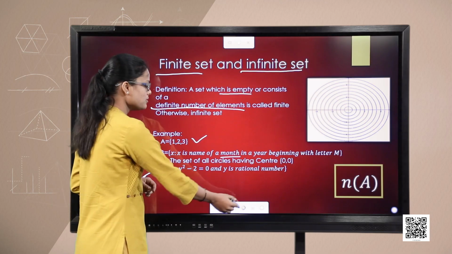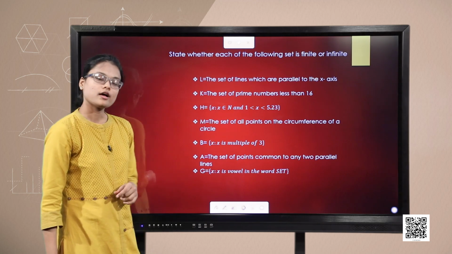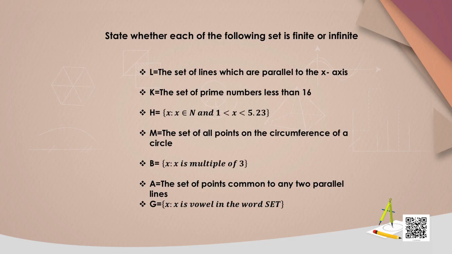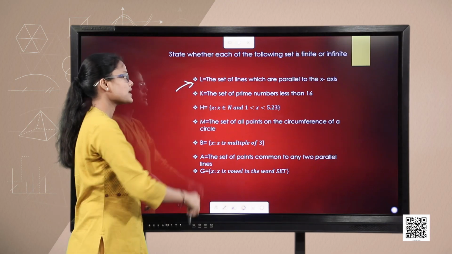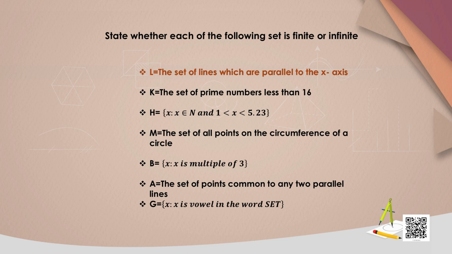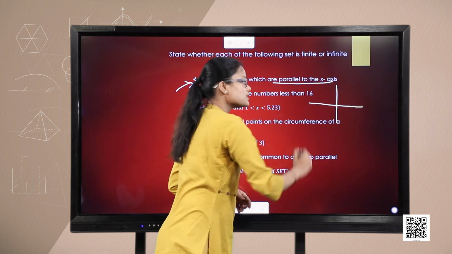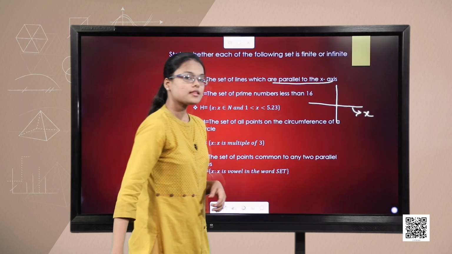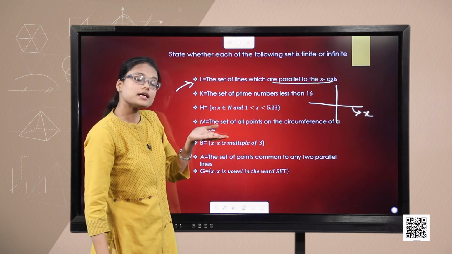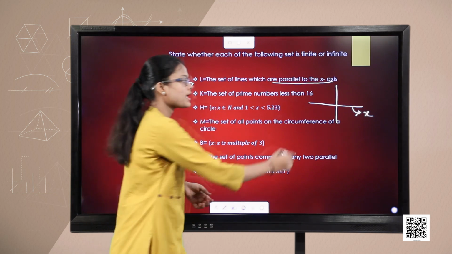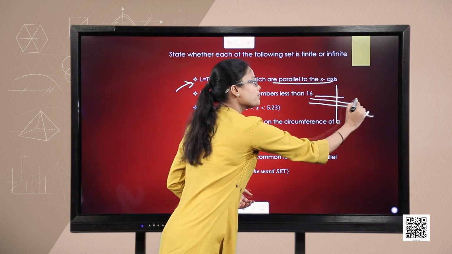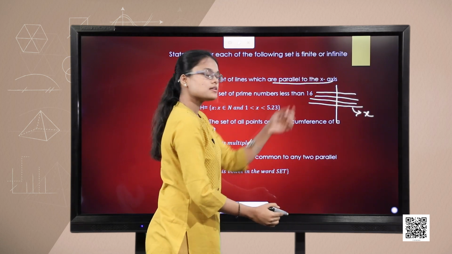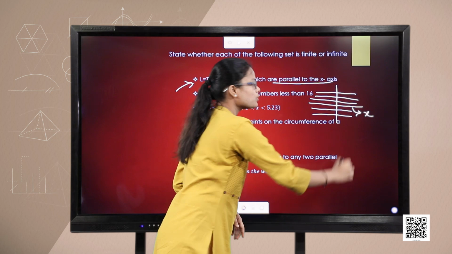So, let us take a question in which we have to state which of the following sets are finite and infinite. Let us take the first set, set L, the set of lines which are parallel to the x-axis. You may see, if this is my Cartesian plane, where this represents the x-axis, then we can draw infinitely many lines parallel to the x-axis. It can be anywhere above the x-axis or below the x-axis.